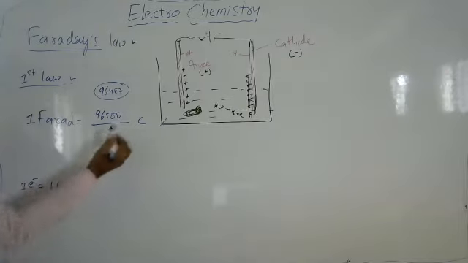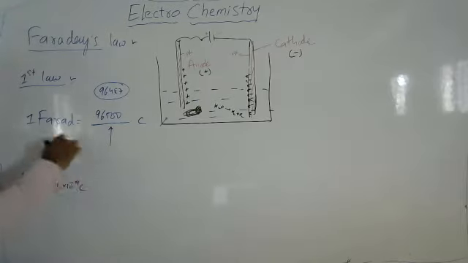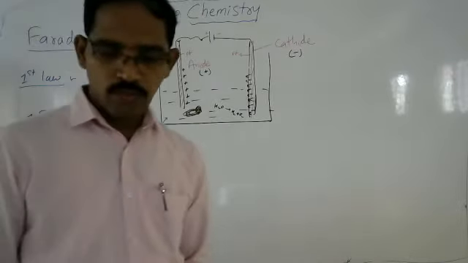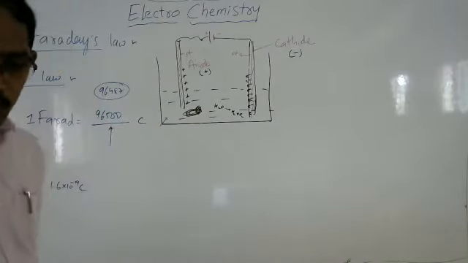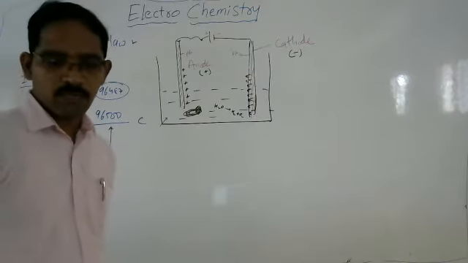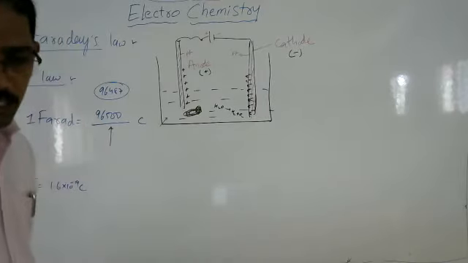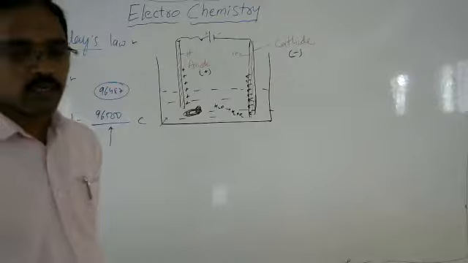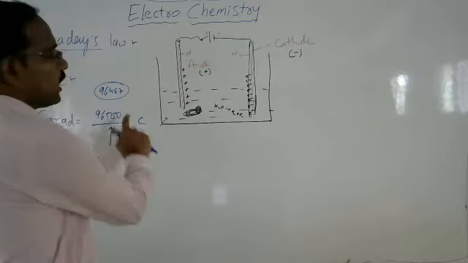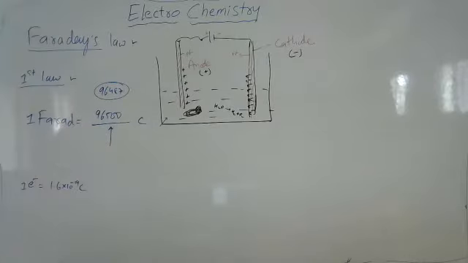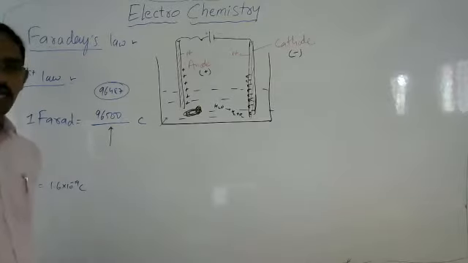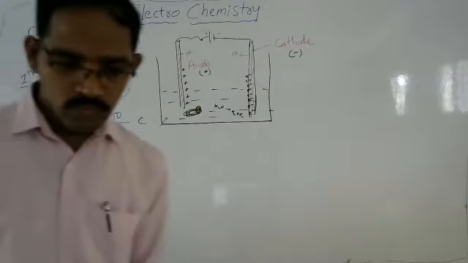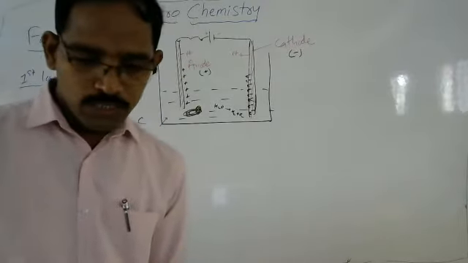This is also coulomb, that is also coulomb. Now tell me how many electrons together make this much charge. Yes, one electron charge is 1.6 into 10 power minus 19. I am asking how many electrons together contribute this much charge.